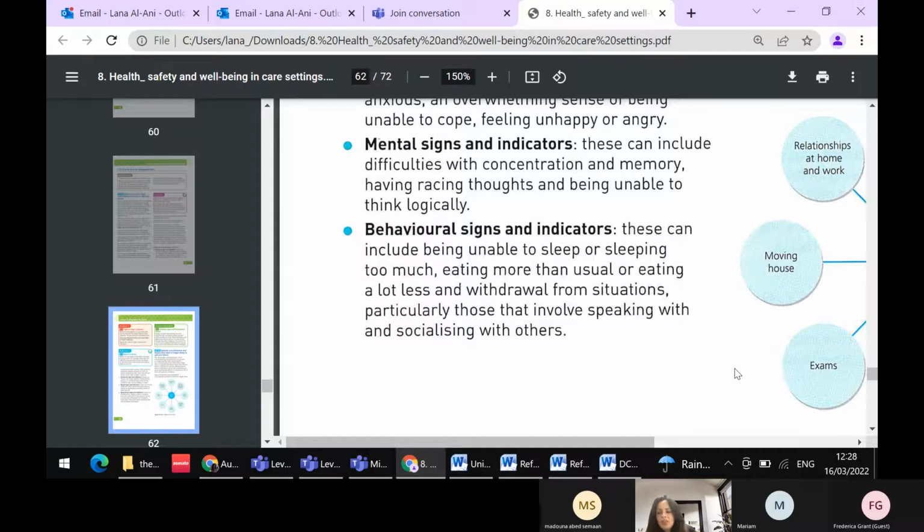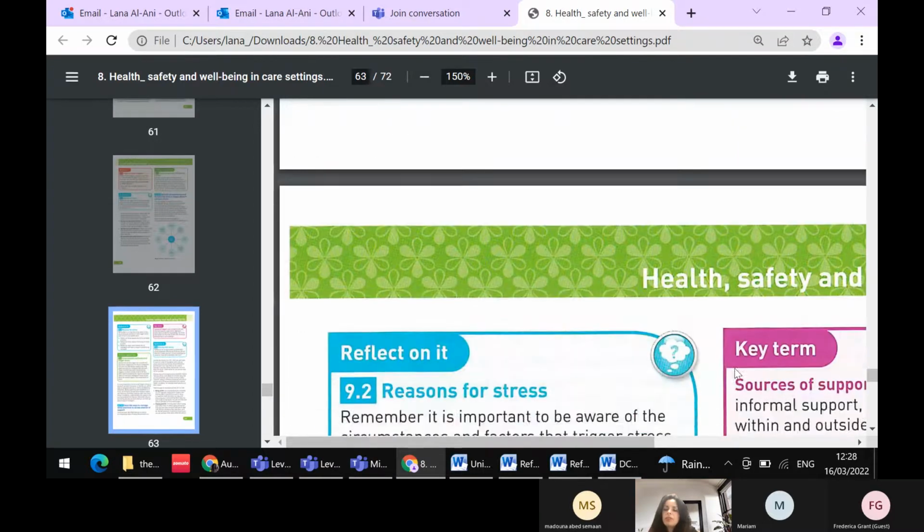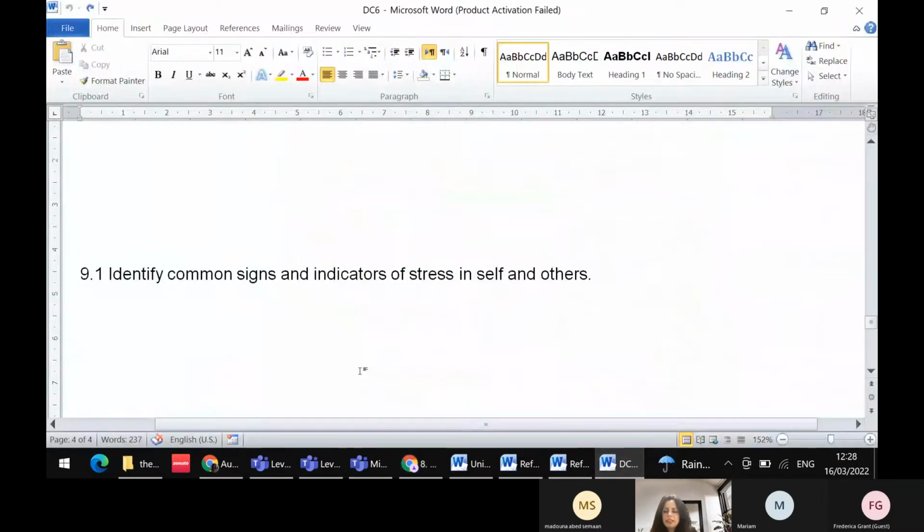You're very withdrawn from people. So all these situations need monitoring, that's the behavioral signs. Okay, so if you answer this question, you need to talk about all these signs. So identify common signs, indicators of stress in self and others.